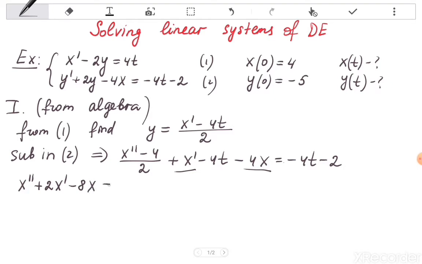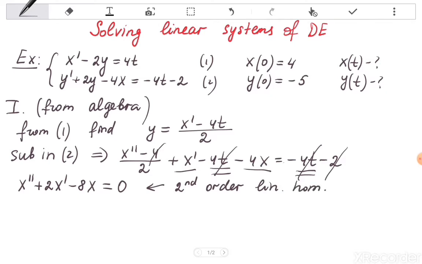And let's move everything else to the right side. Minus 4t here and minus 4t here can be cancelled. And here we have minus 2 and minus 2. These two also can be cancelled. So in fact we have 0 on the right side. So this is a second order linear homogeneous equation with constant coefficients.